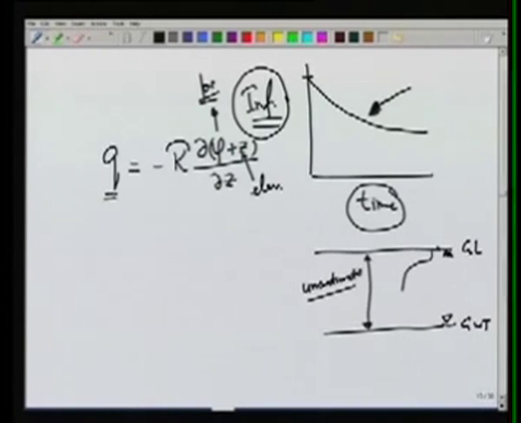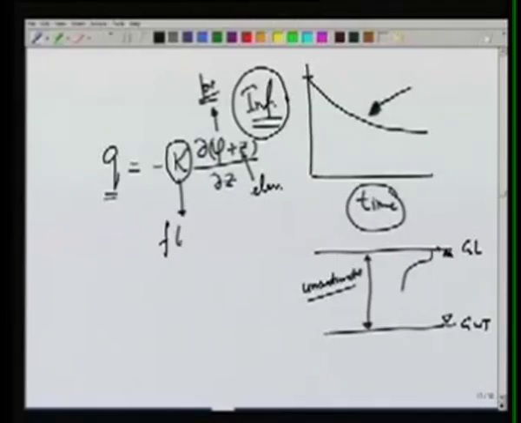But the only problem is that K, instead of being a constant, as the conductivity was when the soil was saturated, is now a function of the pressure head. Typically in unsaturated conditions, psi will have a negative value, which we call the suction. So negative pressure is called suction.